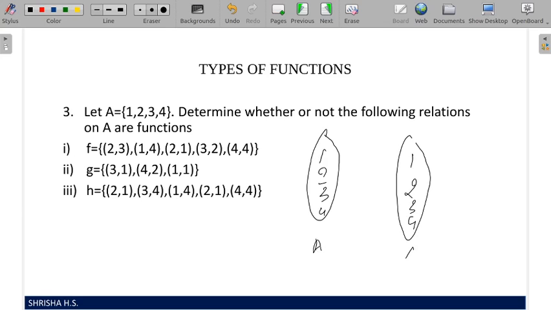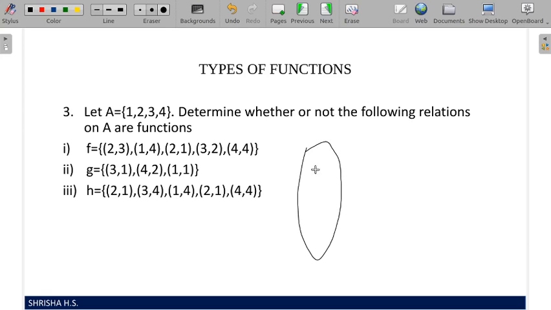The mapping is 2 to 3, 1 to 4, 2 to 1, 3 to 2, 4 to 4. So you have 2 to 3 and 2 to 1. So this is not a function. Straight away it should be very catchy.